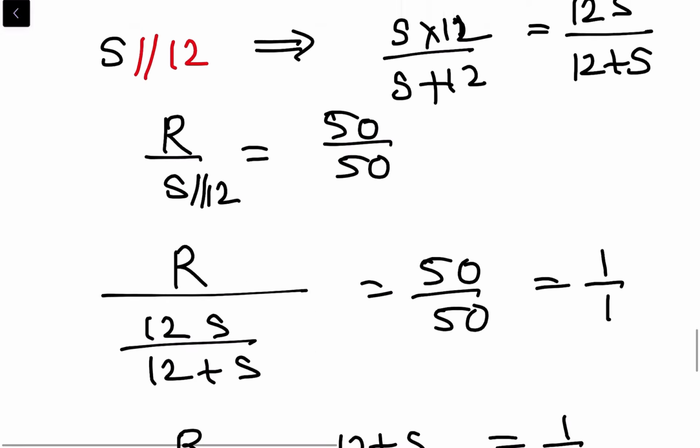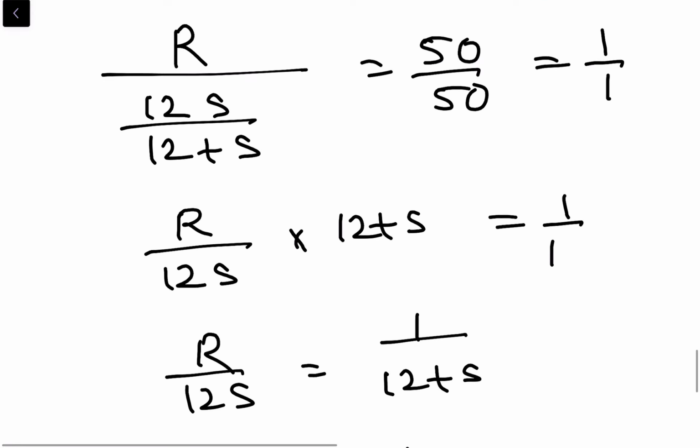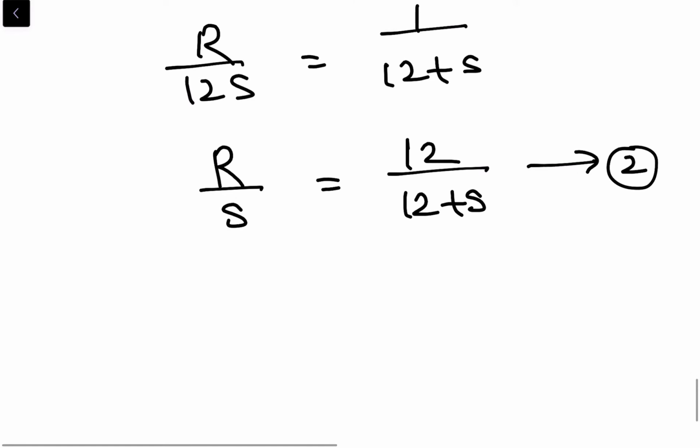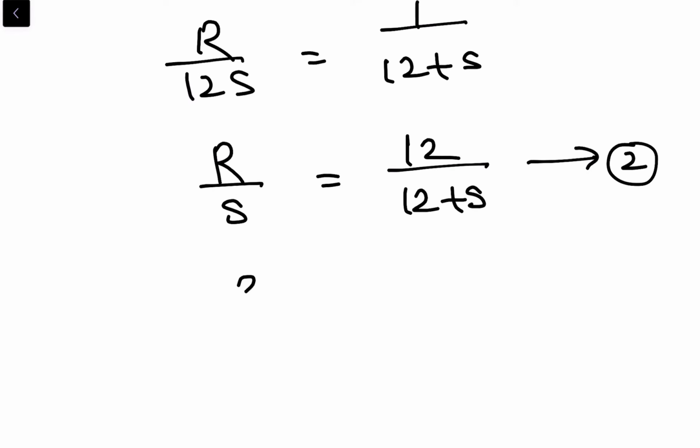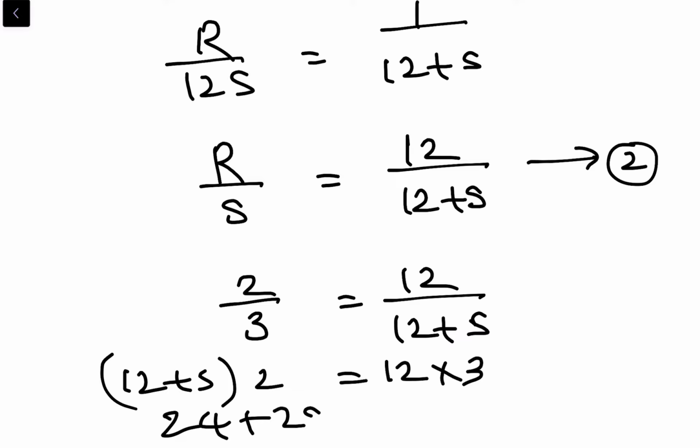But R by S from equation 1 is equal to 2 by 3. So let us substitute that. 2 by 3 is equal to 12 by 12 plus S, that is 12 plus S into 2 is equal to 12 into 3, that is 24 plus 2S is equal to 36.